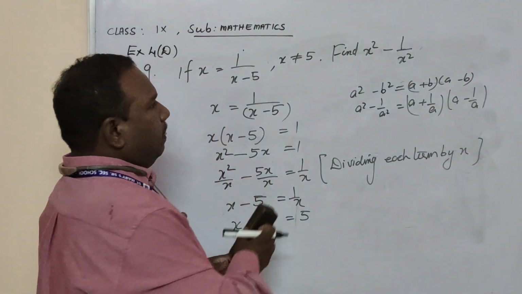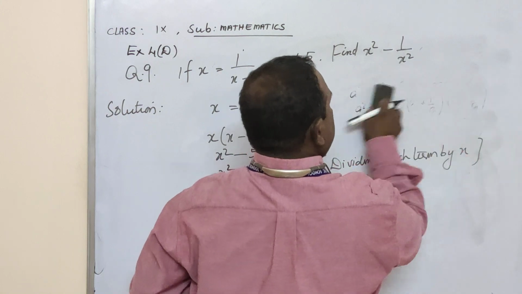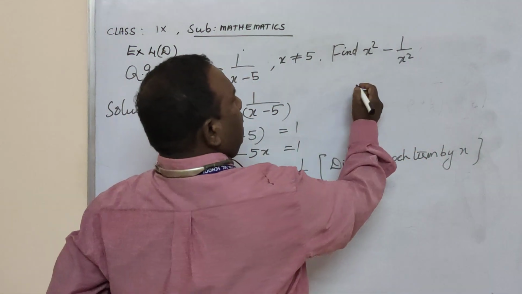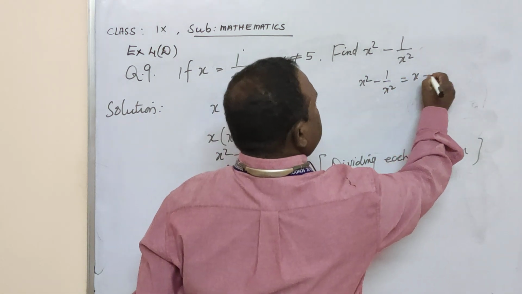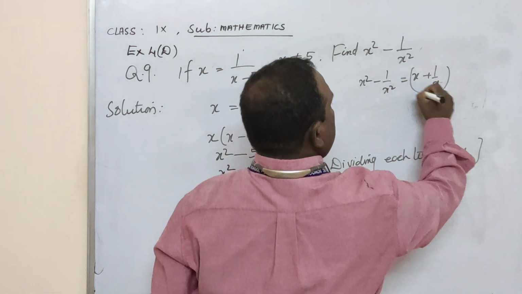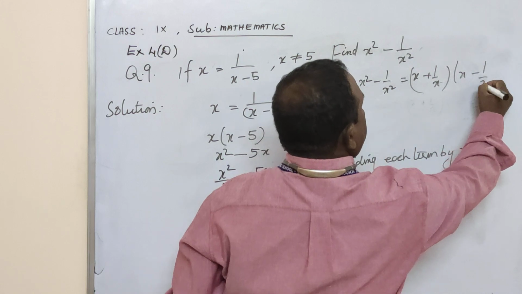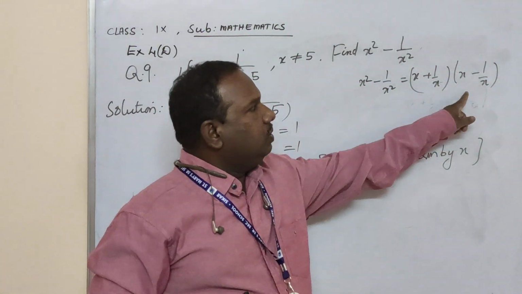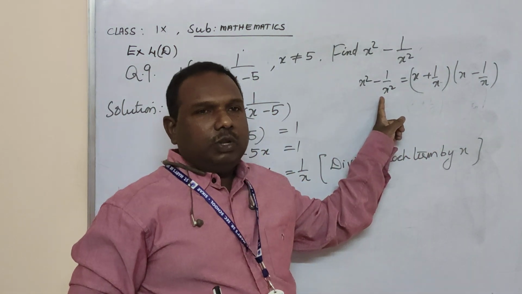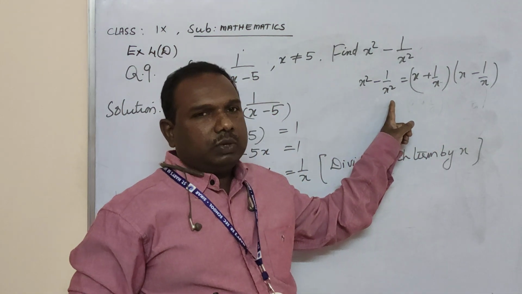That is, the same question can be written as x square minus 1 by x square equal to x plus 1 by x into x minus 1 by x. Now we need these two values. Then only we can find the value of x square minus 1 by x square.